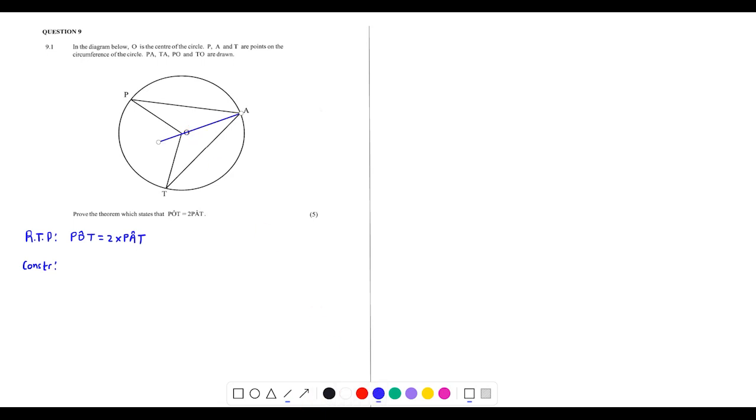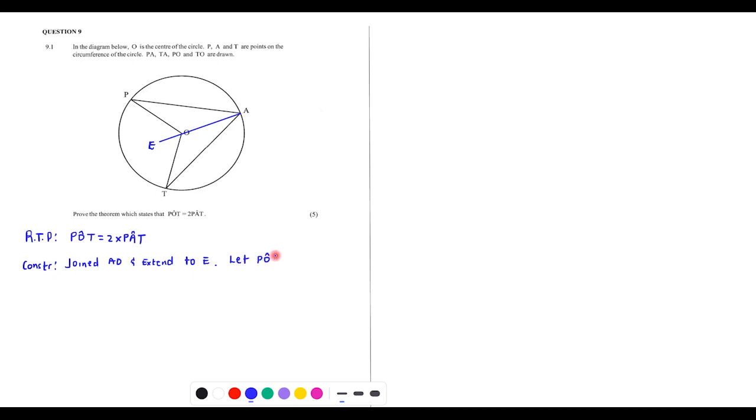We're extending it to E. So what we did here is we joined AO and extended to E.